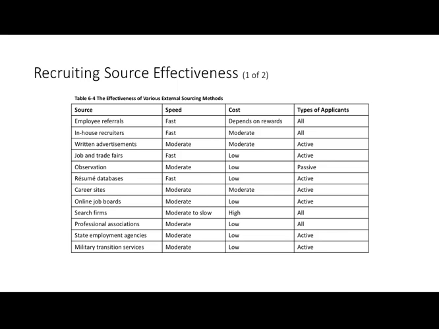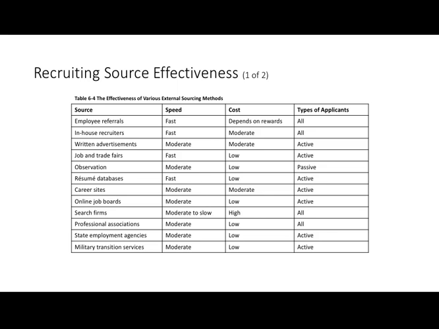That's a good source. A career site has moderate speed because, again, you've got to get in, you've got to register, you've got to be able to search through their database. You have to advertise your job on there, and that takes time to develop. So it's not a fast process, but it's not grindingly slow either.